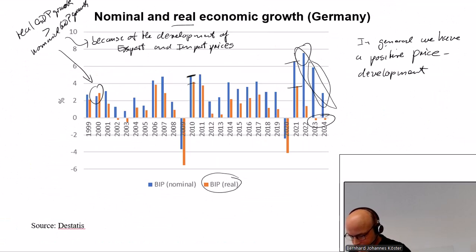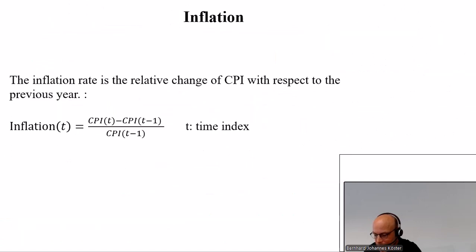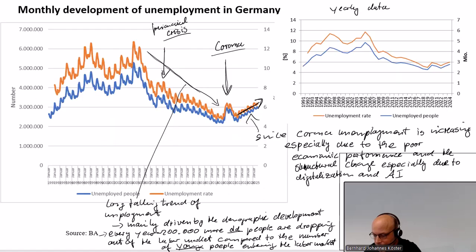Here you see it, 5 to 6 real GDP, and here -4 in the Corona crisis. And therefore it is quite surprising that we see almost nothing in the labor market data. We had a really huge decline of the economy and only a slight increase of unemployment in these times.